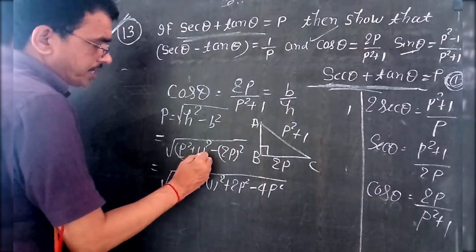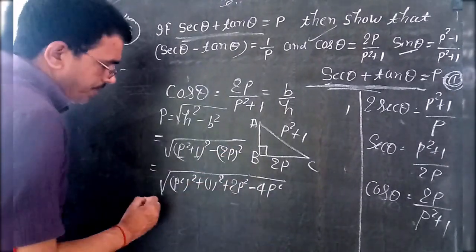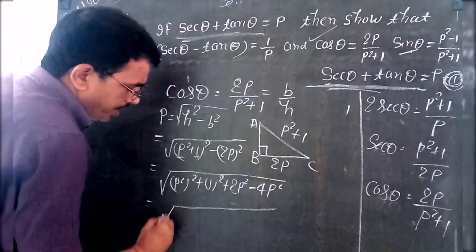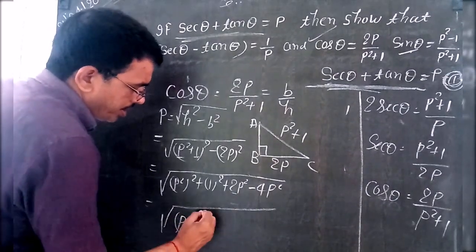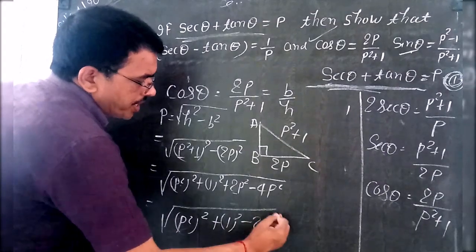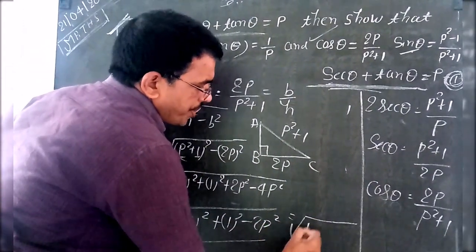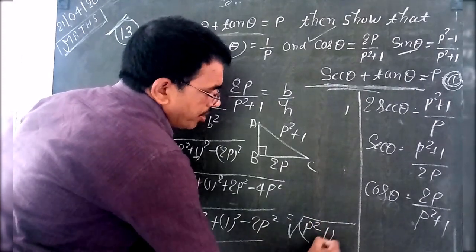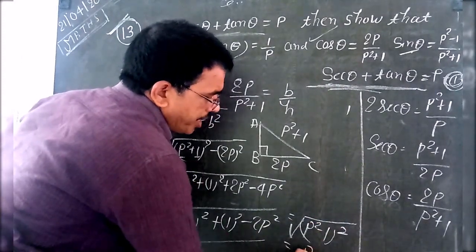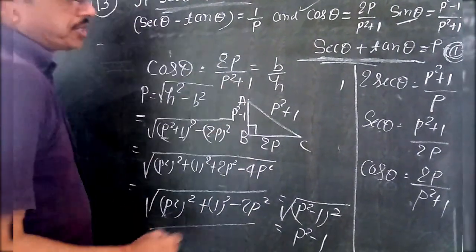A square plus b square plus 2ab minus 2p whole square, that means 4p square. Then you get here p square plus 1 whole square minus 2p square. It is a formula of under root p square minus 1 whole square, and then it is equal to p square minus 1. So perpendicular is p square minus 1.